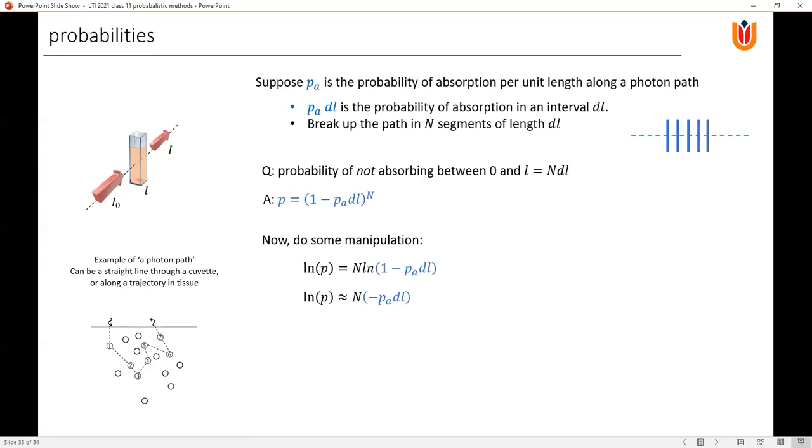And then exponentiate back, so take the exponent of both sides. So here we have P again, and here now there is exponent of minus PA times N times DL. N times DL is the complete path length, so we can substitute that back in as well: PA times L.